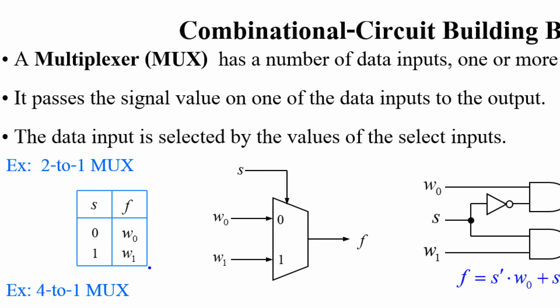This kind of circuit is called a multiplexer, to select one from multiple inputs to a single output. And this position you can treat as the address. This one you can treat as data, the data input, and S is the control input.